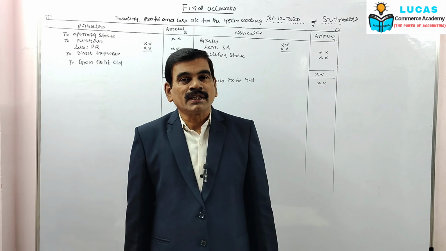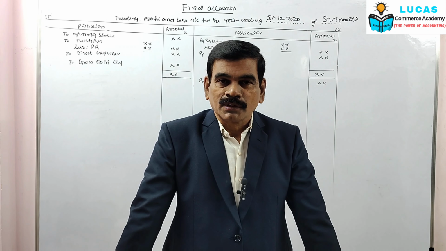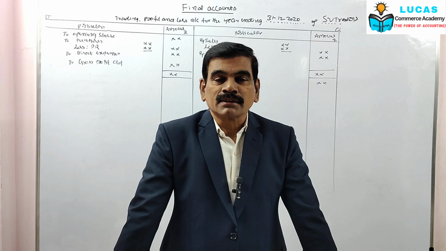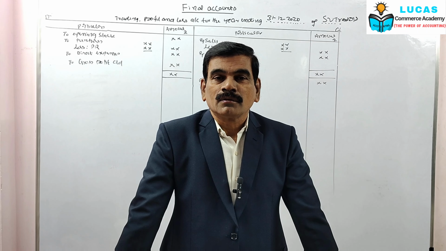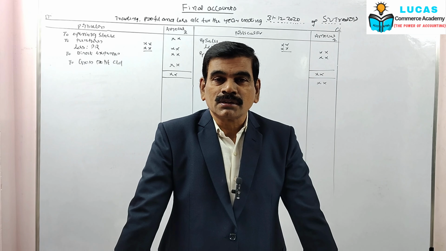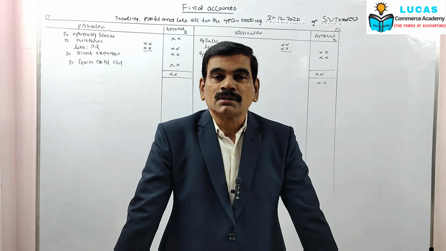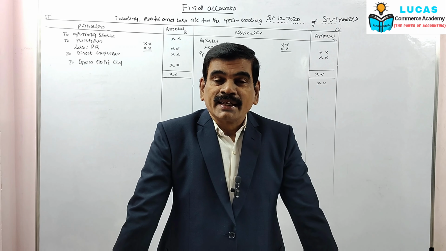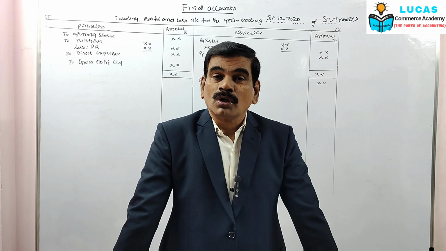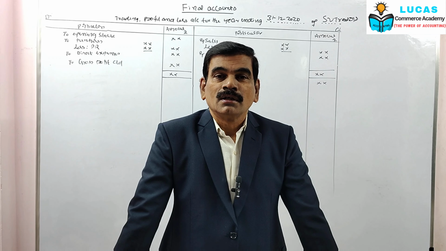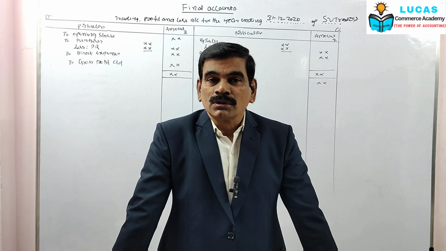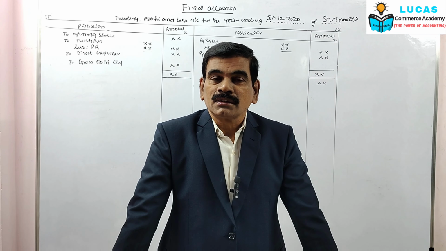The best examples of indirect expenses are salaries, rent, rates and taxes, printing and stationery, postage and telegram, legal expenses, audit fees, insurance, bank charges, selling expenses, carriage outwards, godown rent, distribution expenses, repairs, depreciation, interest on capital, interest on loans, provision for bad debts, provision for discount on debtors, royalty on sales, packing expenses.